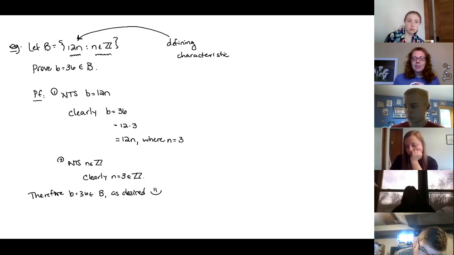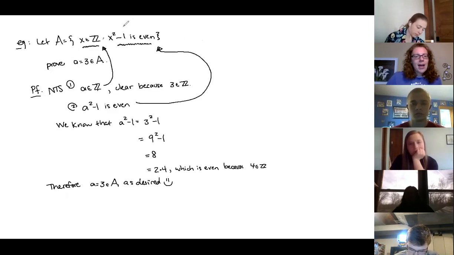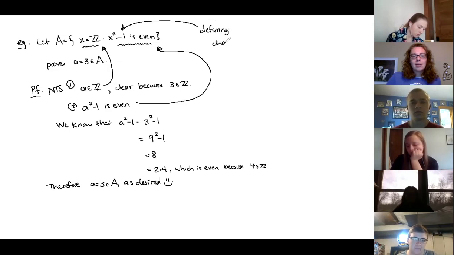For odd numbers, the defining characteristic is 2 times something plus 1. In our previous example, the defining characteristic would be x squared minus 1 is even. That's my defining characteristic. So my element is something where x squared minus 1 is even. Defining characteristic. That's what you're looking for in these types of proofs.